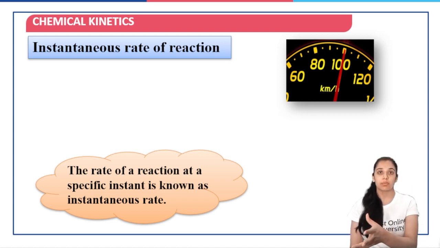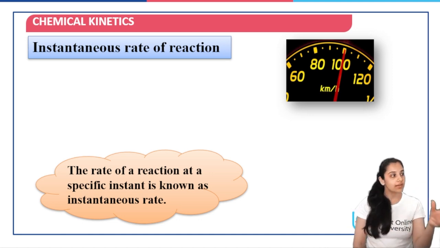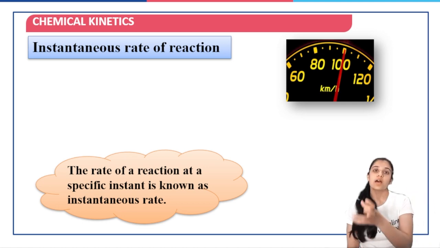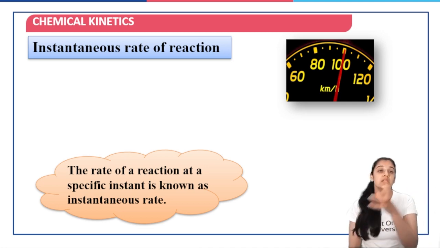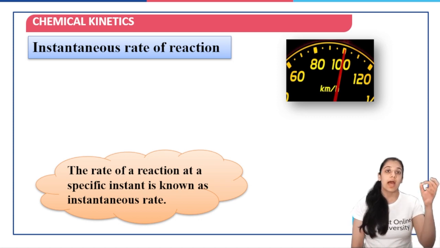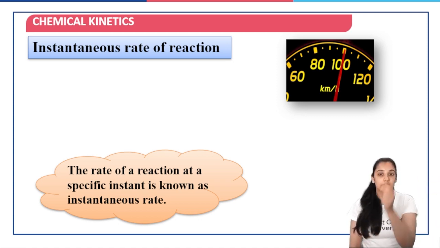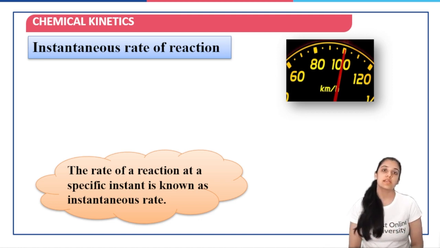He says 100 kilometers per hour. So he would know that at that particular instant, at 12 o'clock, the speed was 100 kilometers per hour. Similarly, if I ask at 600 seconds what would be the rate of the reaction, at that particular instant the rate would be the instantaneous rate.